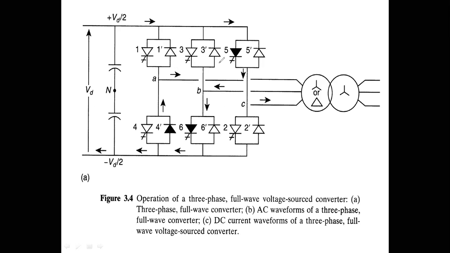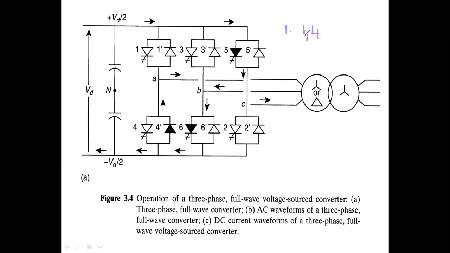Now, please remember this order only: 1, 3, 5, 2, 4, 6. Then please remember 2 points I will tell you. If you consider one leg, the first leg, here 1 and 4 are the turn off devices.